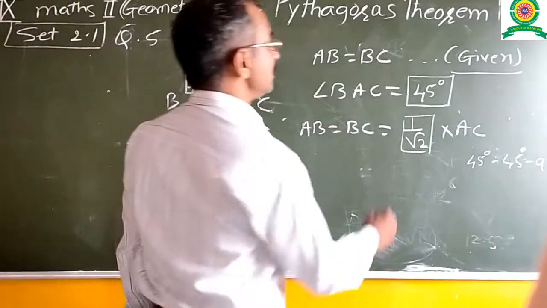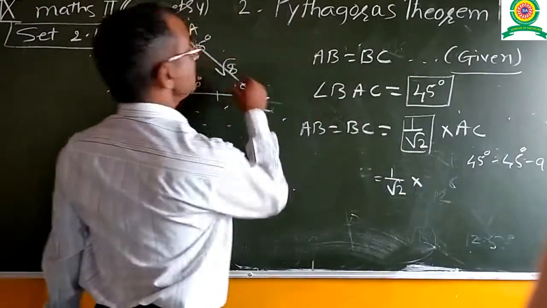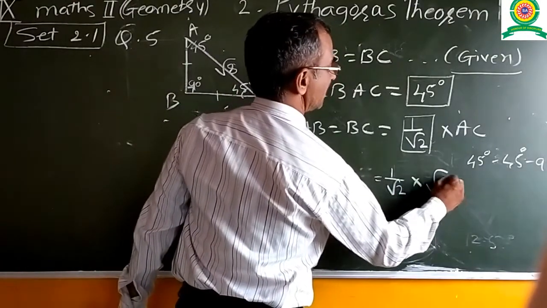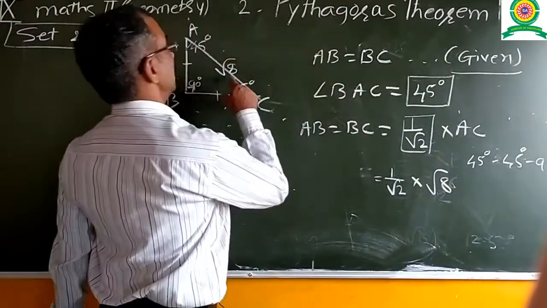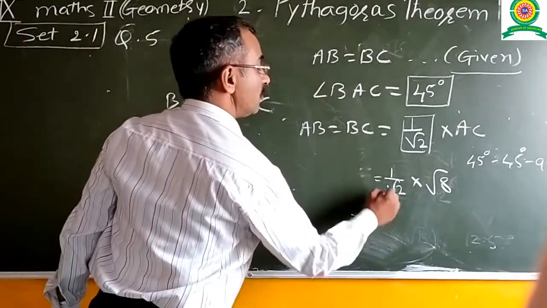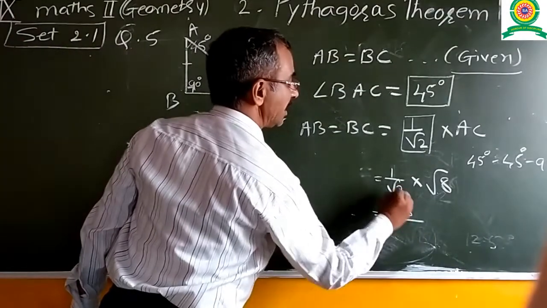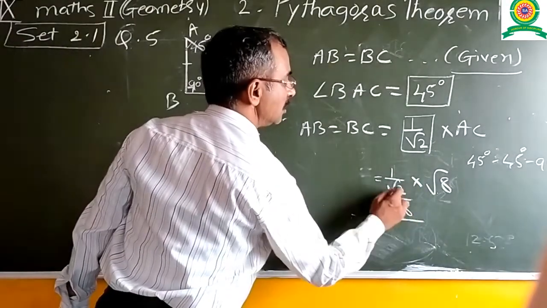Then by putting the values, what is AC's value? Root 8. We put this value as root 8 for AC, the hypotenuse. Then both are in the root, so we are writing root 8 divided by root 2.